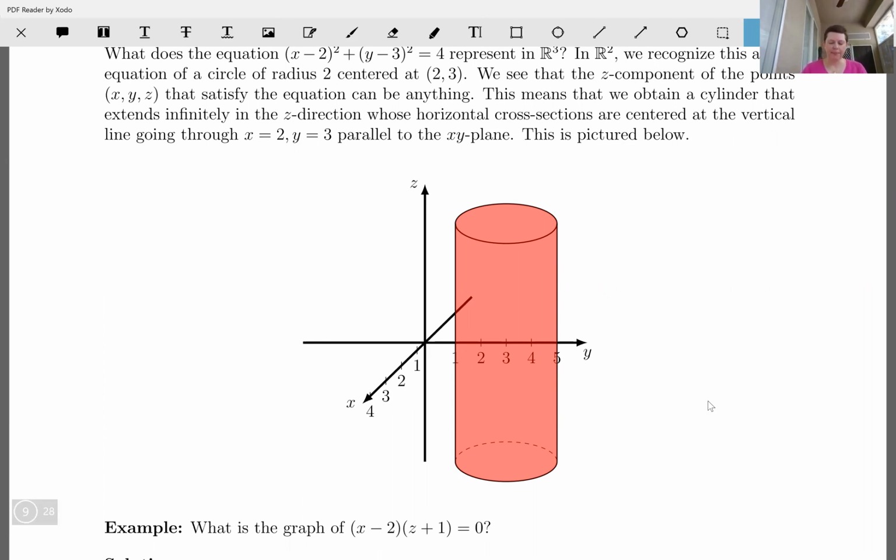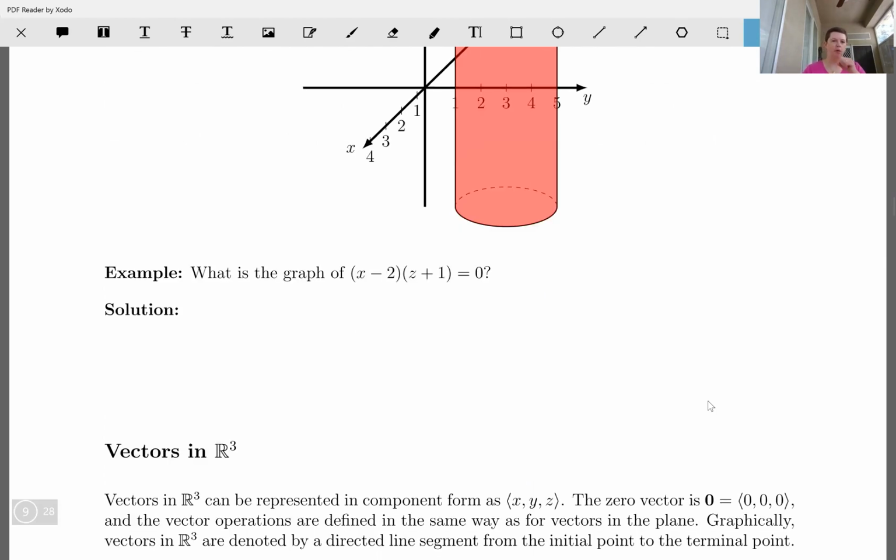All right, how about another fun example brought to you by Good Times Rolling? Here we go. What is the graph of (x minus 2) times (z plus 1) equals 0? So first of all, from algebra, we know that this is true if what? Well, there's only two possibilities.